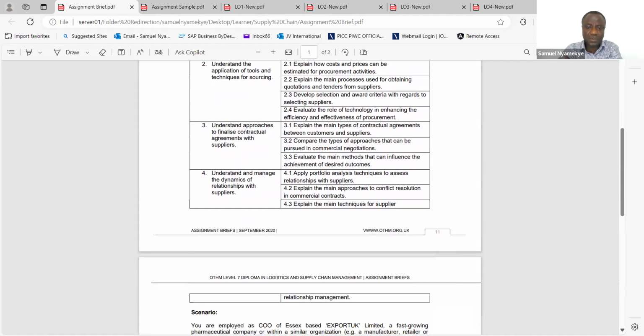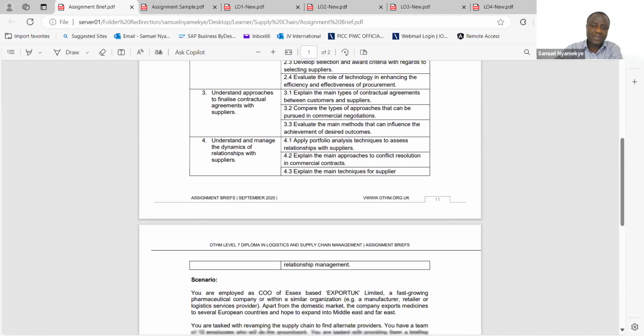Then also to be able to explain the main approaches to conflict resolution in commercial contracts. And finally, explain the techniques for supplier relationship management. So these are the learning outcomes and the assessment criteria that go with them.